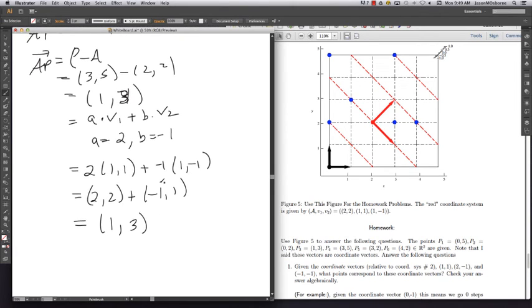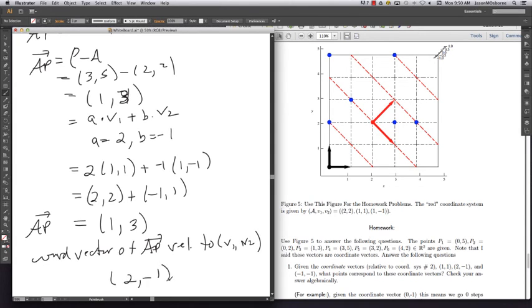There we go. So notice that once you take the vector A to P, and then find your coordinate vector, so your coordinate vector of A to P relative to the coordinate system V1, V2 is 2, negative 1.